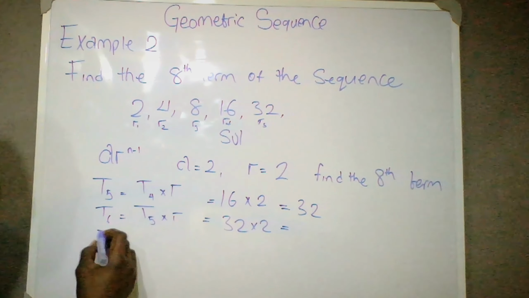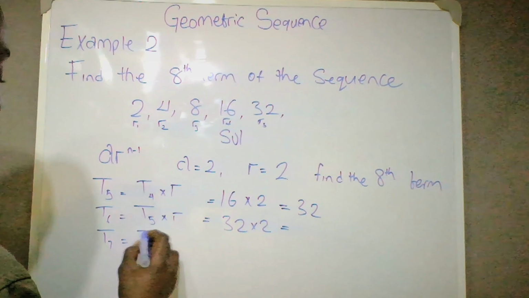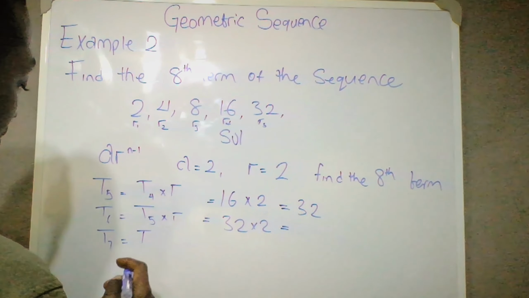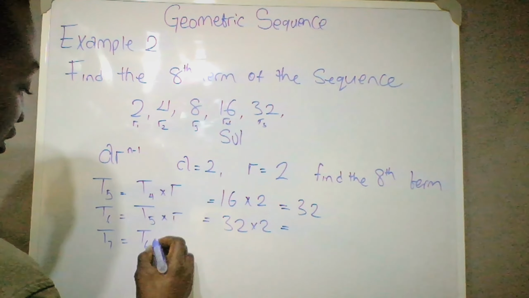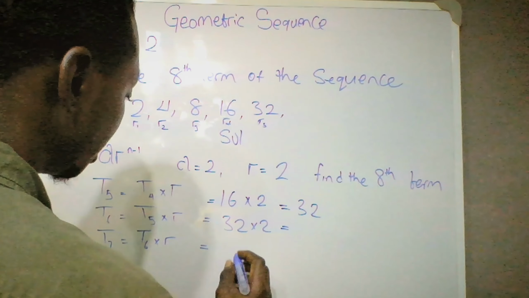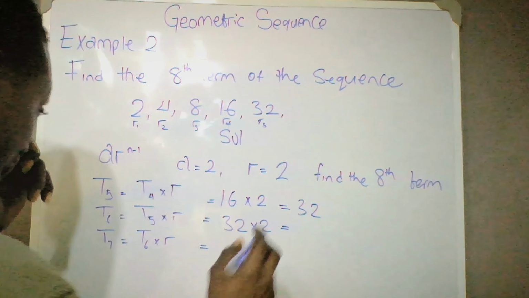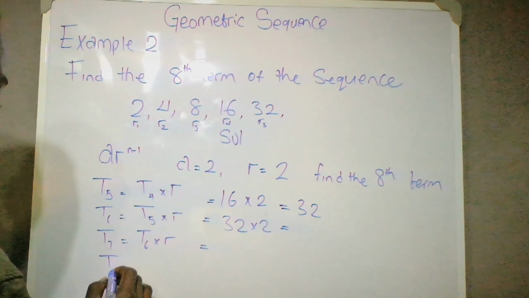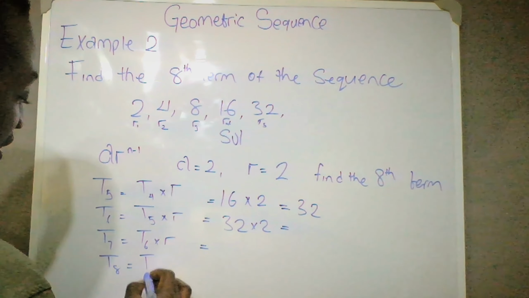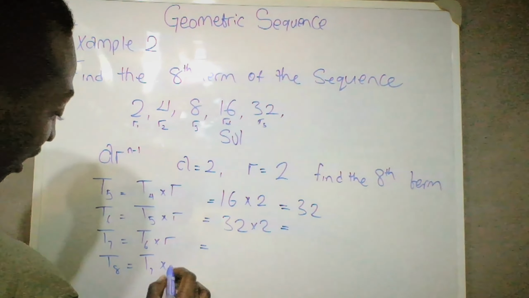Then for T7, we have T6 multiplied by r, and we are yet to solve for T6. Then T8 equals T7 multiplied by r.